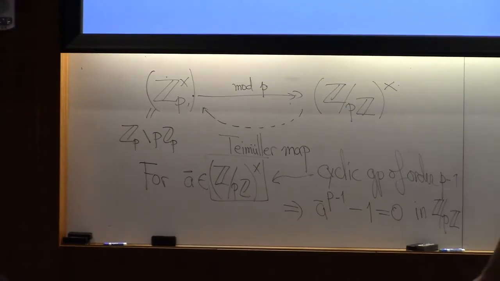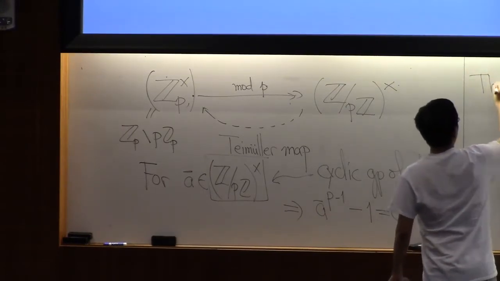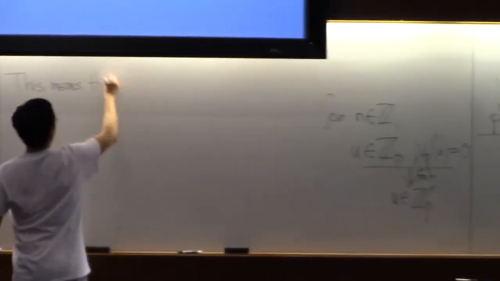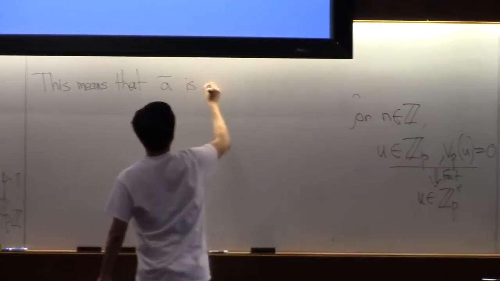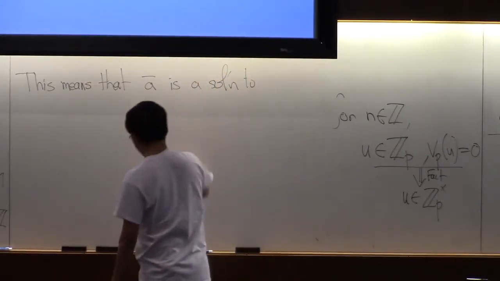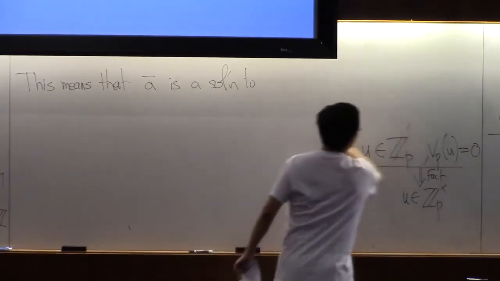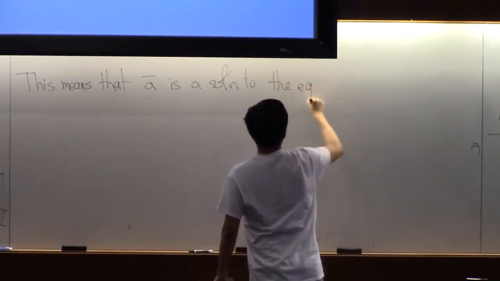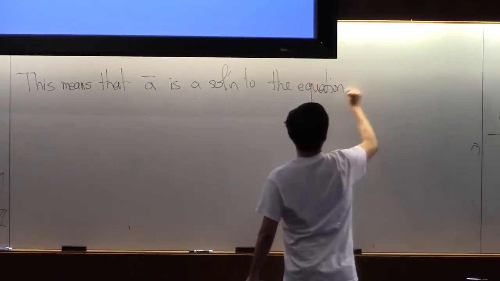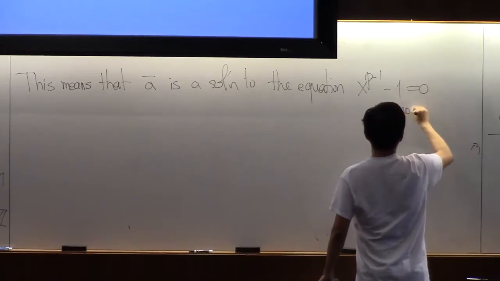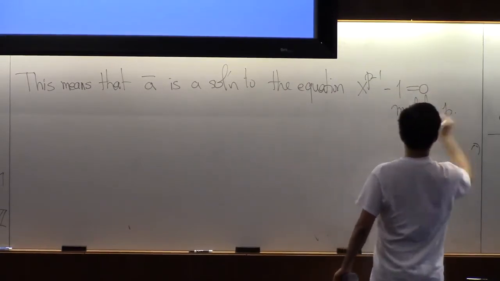So this means that this a bar is a solution to the equation x^(p-1) minus 1 equals 0 modulo p.